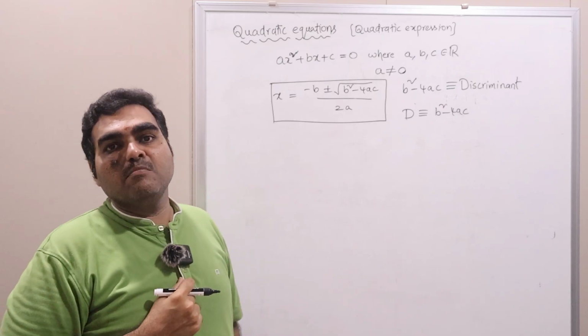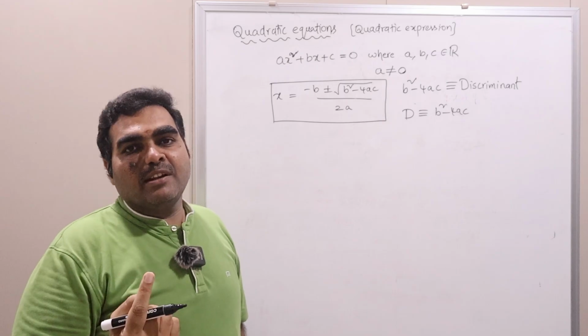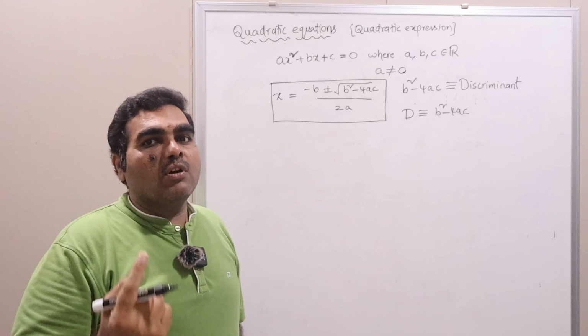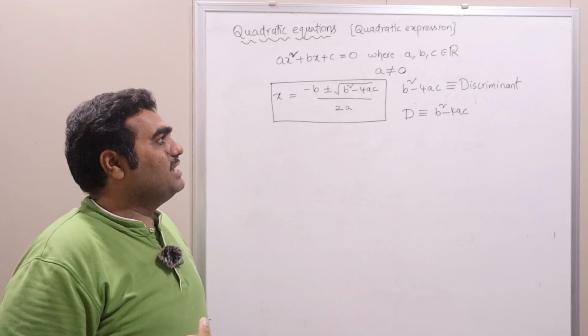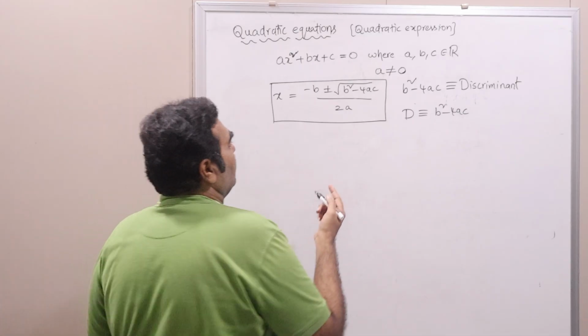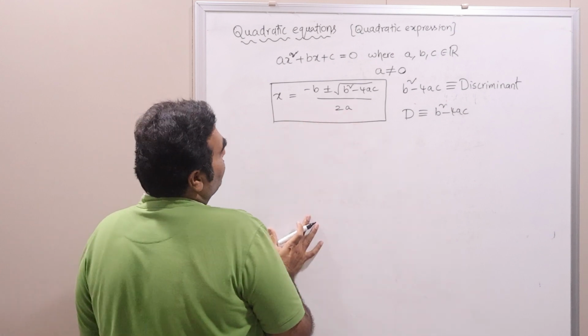You should not make any mistake. One silly mistake when you are calculating the discriminant will result in a completely different and wrong answer for the given problem, right? So please be serious when you are calculating the discriminant.